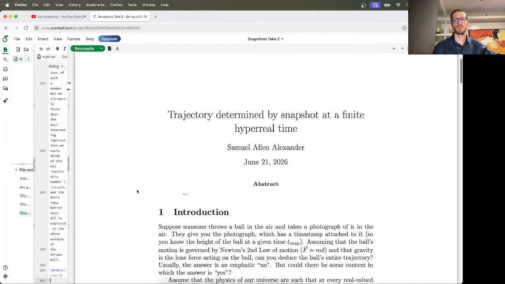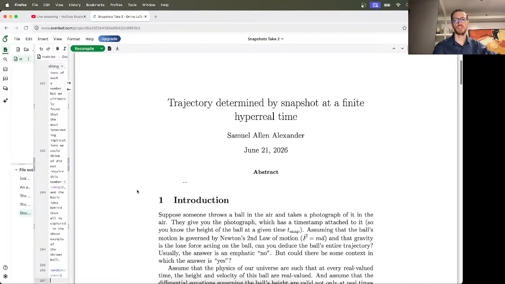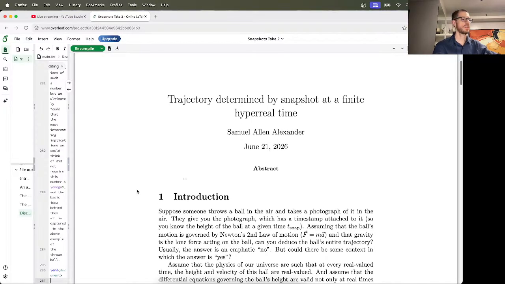We're continuing work on this paper, trajectory determined by a snapshot at a finite hyperreal time.